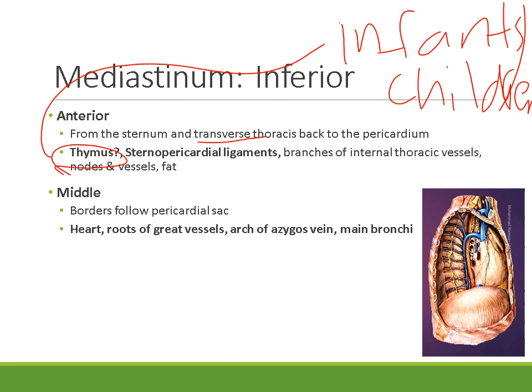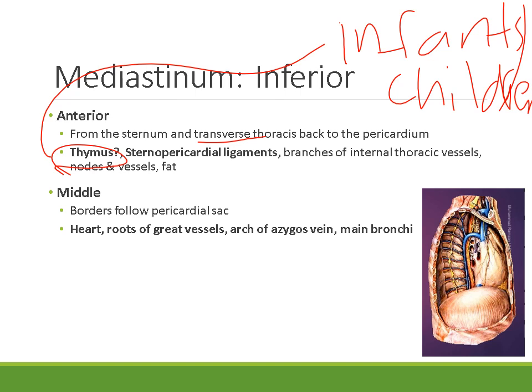However, remember, the thymus is one of those organs that's biggest in infants and kids. And then after puberty, it starts to atrophy. It starts to shrink, and it gets smaller and smaller. So in adults, it's only up in the superior portion. But in kids, because it's so large, it can protrude down in front of the heart a little bit.